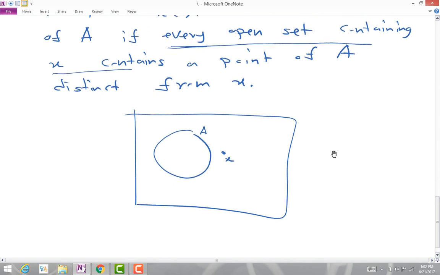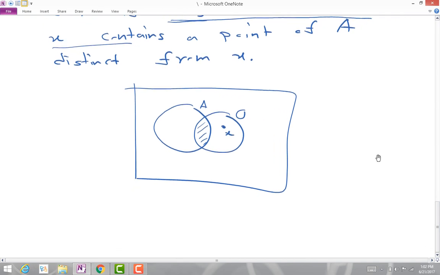If I take any open set containing X, so this is an arbitrary open set, then there should be an intersection with A other than at X. And if you have another open set that contains X, this one also should have a non-empty intersection.